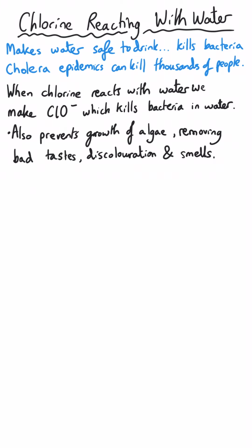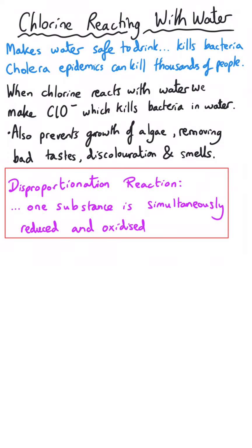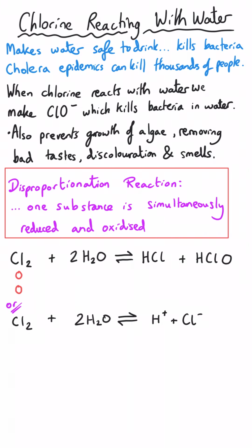This reaction is a disproportionation reaction, and that means that the chlorine in our reactant is both oxidized and reduced. Chlorine, the element, has an oxidation state of 0, and so that means that we've got two chlorine atoms starting with an oxidation state of 0. And so when this reacts with water we end up with an equilibrium, so this reaction is reversible, and we end up producing HCl, which in fact would be two separate ions, hydrogen ions and chloride ions, and we end up producing chloric(I) acid, so that would be HClO.